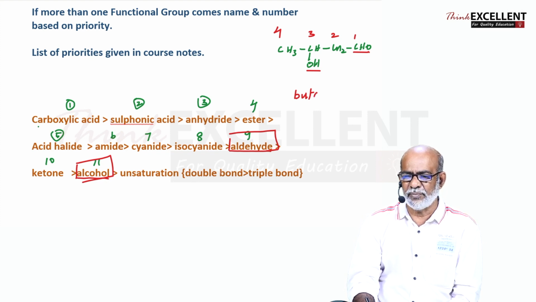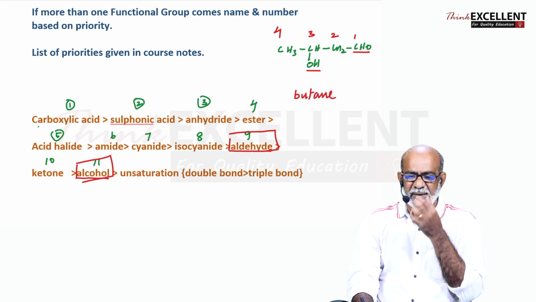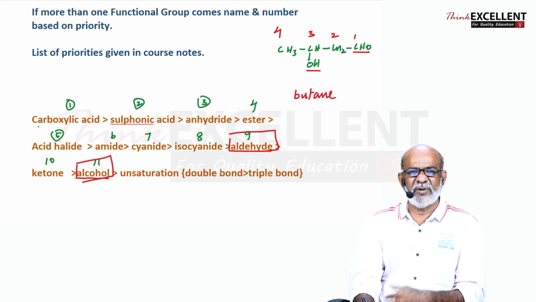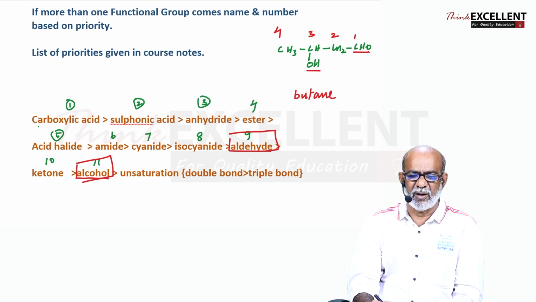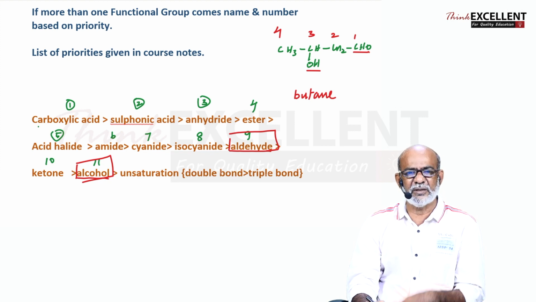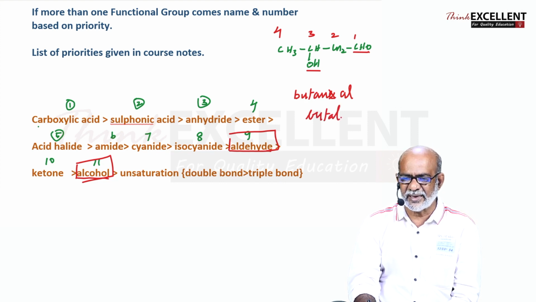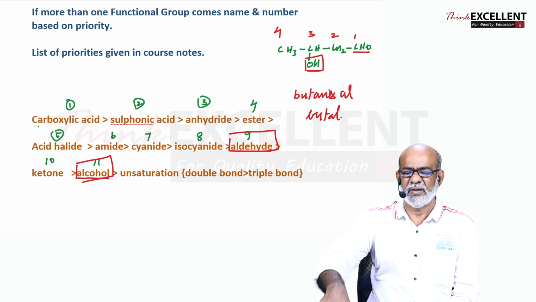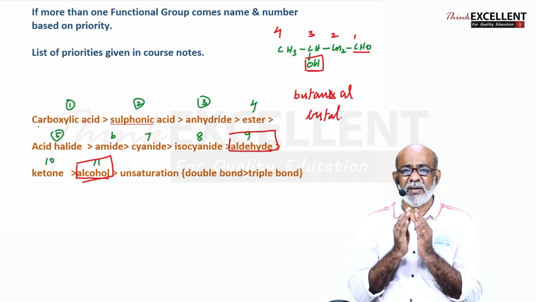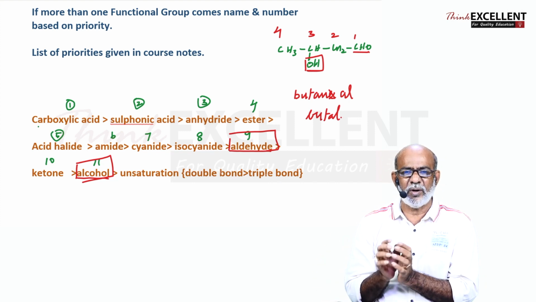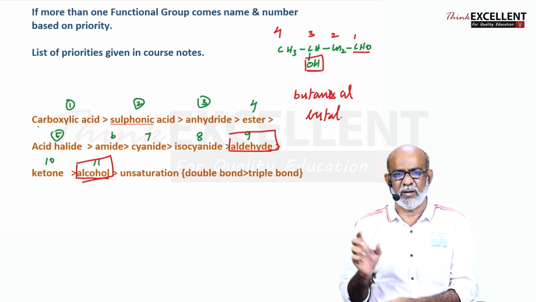Then all are single bonds, that's why butane. Next, I told you we have to give the preference to aldehyde because aldehyde is in the 9th position and alcohol in the 11th position. So aldehyde comes as the suffix. What is the suffix word? Al. You strike out the E and write al, so the name is butanal. The alcohol is taken as the prefix. If alcohol comes as a suffix, the word is ol.